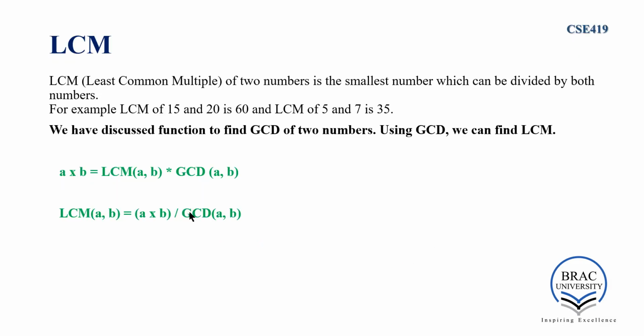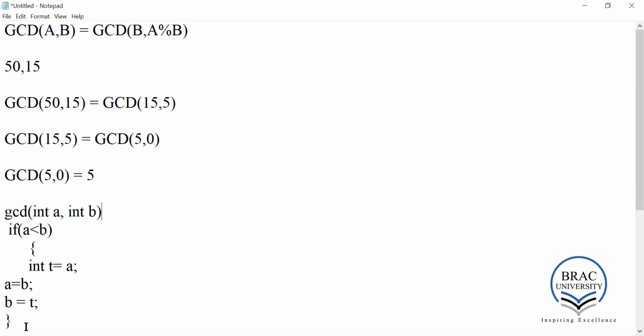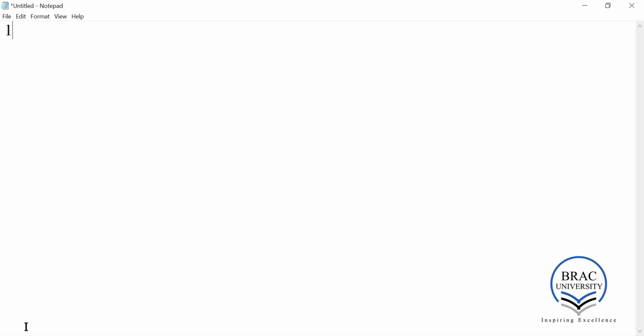You are given A and B. LCM is the smallest number which can be divided by both the numbers. For example, LCM of 15 and 20 is 60 and LCM of 5 and 7 is 35. How? So, how to calculate LCM? If I consider two numbers 15 and 20, what are the multiples of 15? 15, 30, then 45, right? 45, then 60.